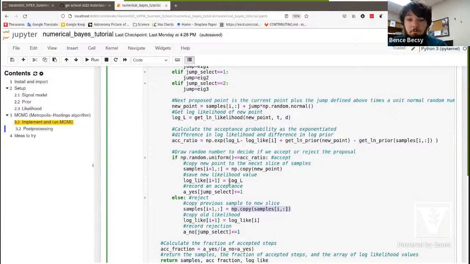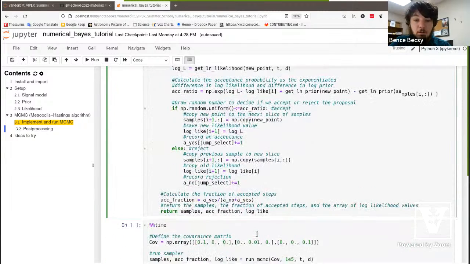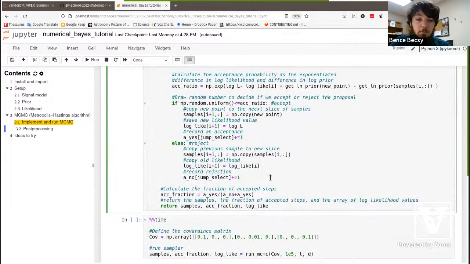And if we accept it, we put this new log likelihood into the log likelihood array. If not, we copy over the one from before. If we accept it, we increase the proper element of this A jump array by 1. If we don't accept it, then we increase the element of this A no array. So that's all there is to it.